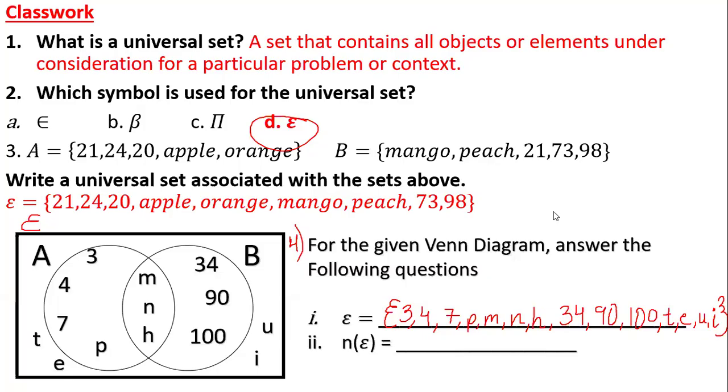Yes, I want you to do double I. Go ahead and count it. 1, 2, 3, 4, 5, 6, 7, 8, 9, 10, 11, 12, 13, 14. Okay, she says 14. So the number of elements in the universal set is 14.